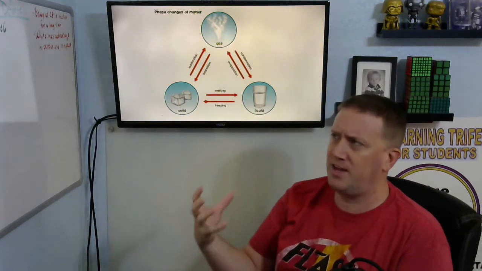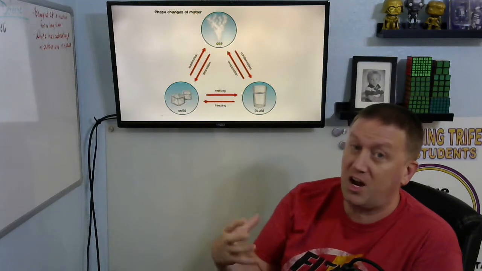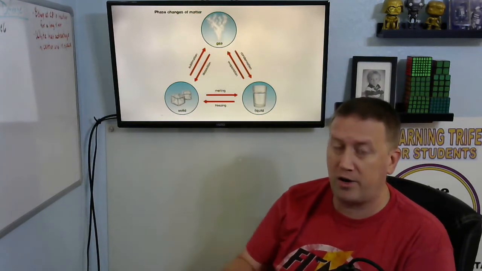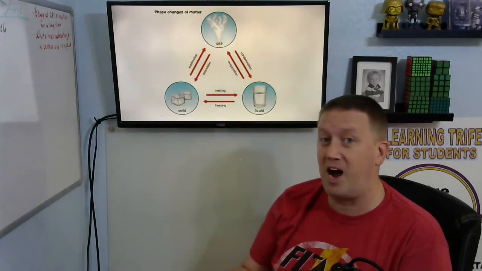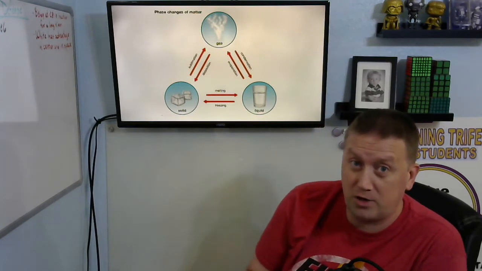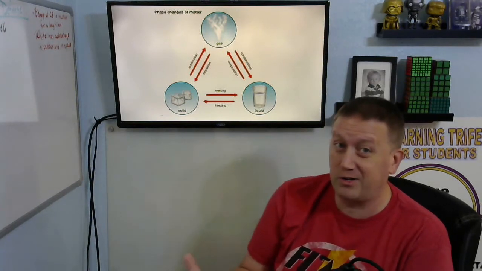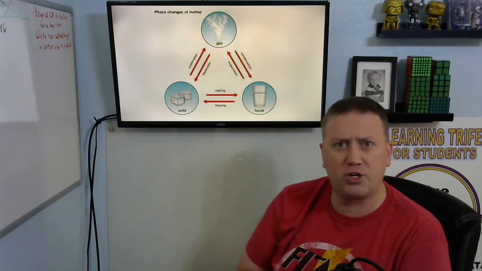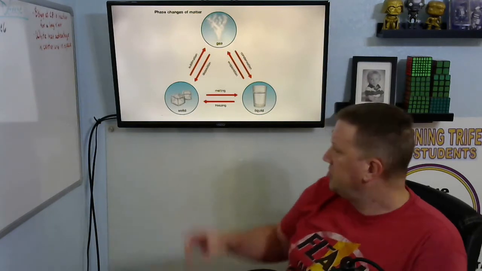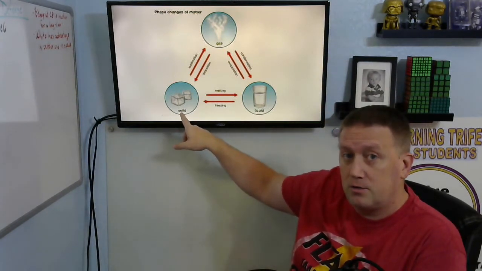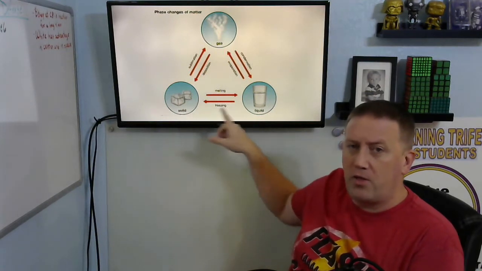The other concept of changing matter with water is going from ice to liquid water and back. All right, those are other common terms that people already know. So when we're going from liquid to a solid, we call that freezing.